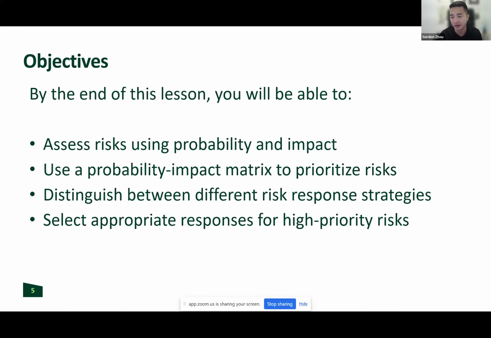And lastly, for the risks that we identify as really, really high priority, what are the appropriate responses to address them in full? That's how to determine success by the end of today. Hopefully you'll be reflecting on these, and hopefully I've done a good job giving you the tools to address these things.